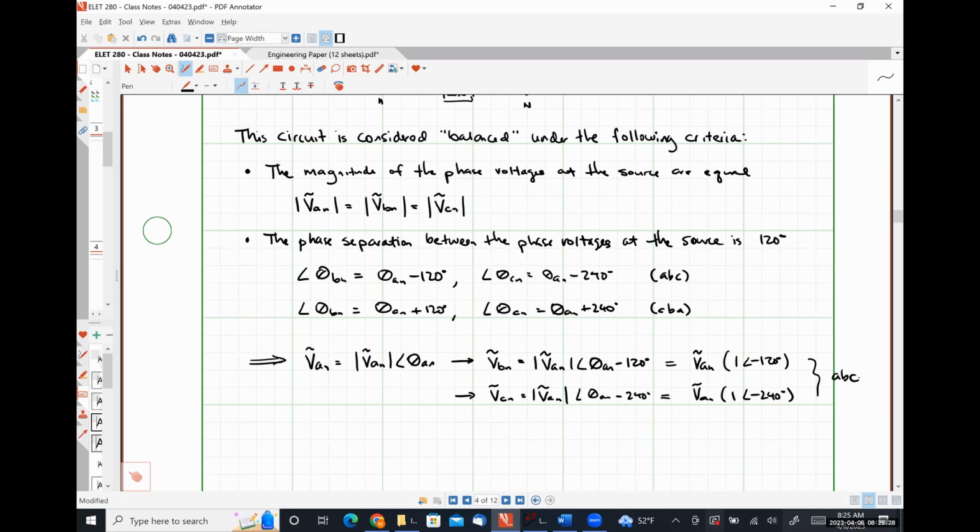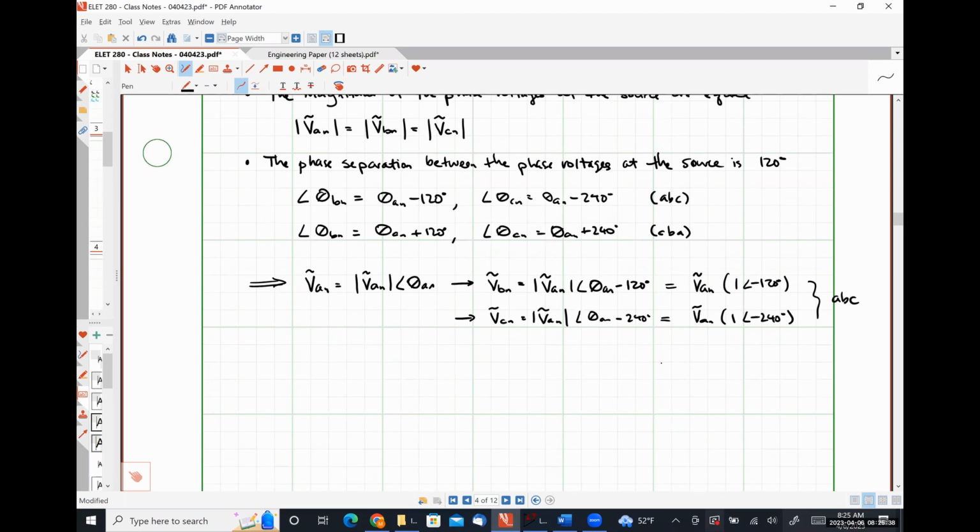So now let's talk about things that we do have control over. So if we want the transmission line portion of this system to be balanced, then we need the transmission line impedances must be equal.